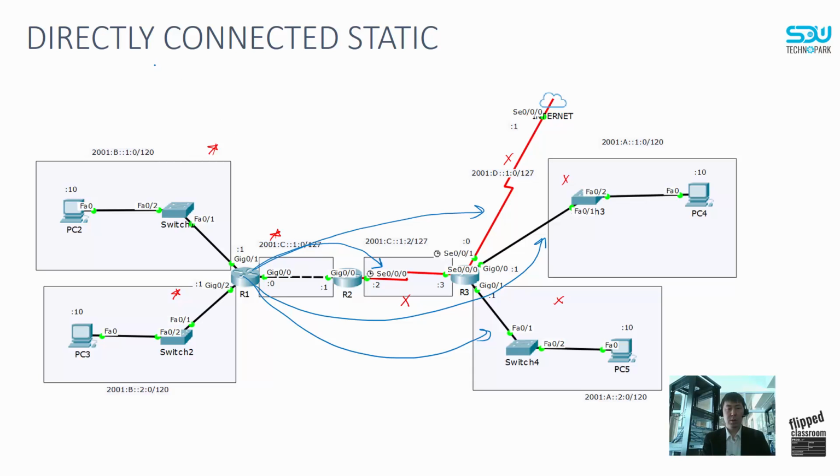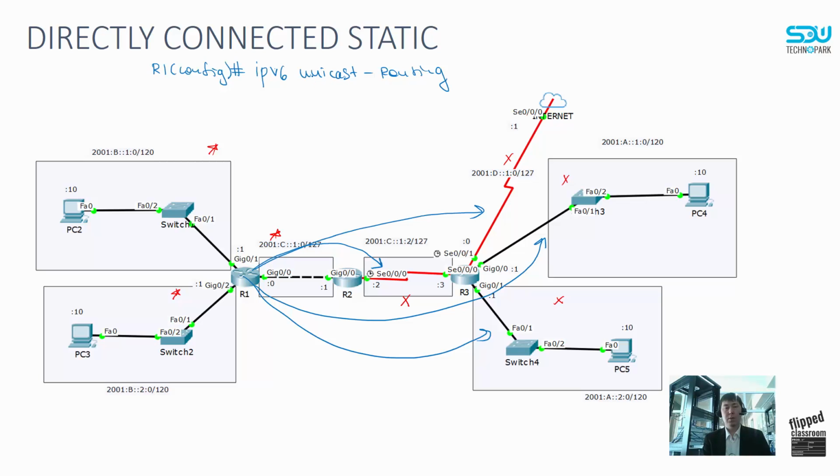How to start the configuration? You have to be sure that router 1 in global configuration mode is configured with the command ipv6 unicast-routing.